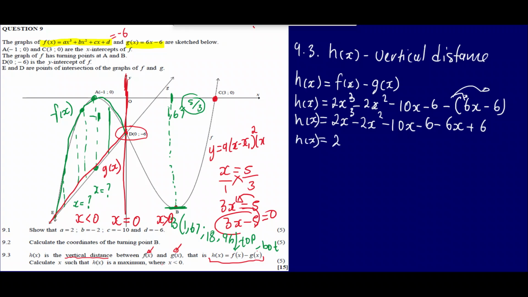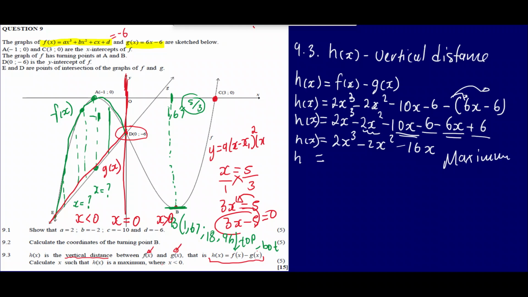If we simplify this, adding all the like terms, we'll get 2x cubed, and this one does not have a partner, so we don't have like terms for that one, but we do have like terms for this and that, and the answer is going to be minus 14, minus 16x, right? So these ones will cancel.